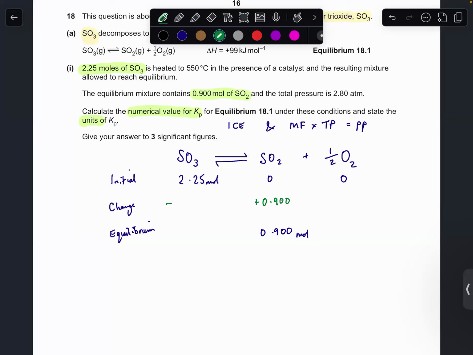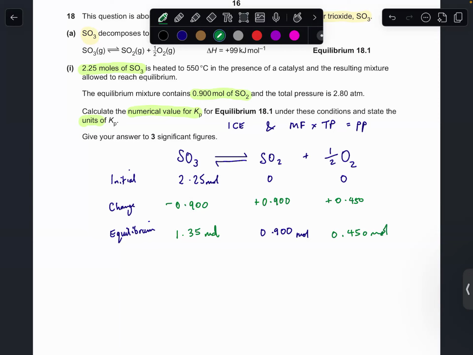That means you're going to be subtracting 0.900 here. This gives us 1.35 moles. And here, because you've got half O2, for every 0.900 moles forming, you're going to get 0.450 moles, which is half, forming of oxygen. So we now have the equilibrium amounts.